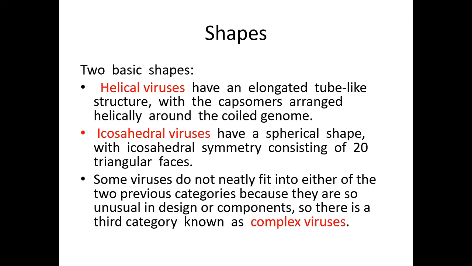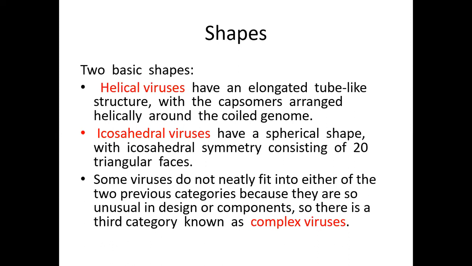Viruses can exist in two shapes, actually in three shapes, but the main shapes are helical and icosahedral. Helical viruses have an elongated tube-like structure with the capsomeres arranged helically around the coiled genome.